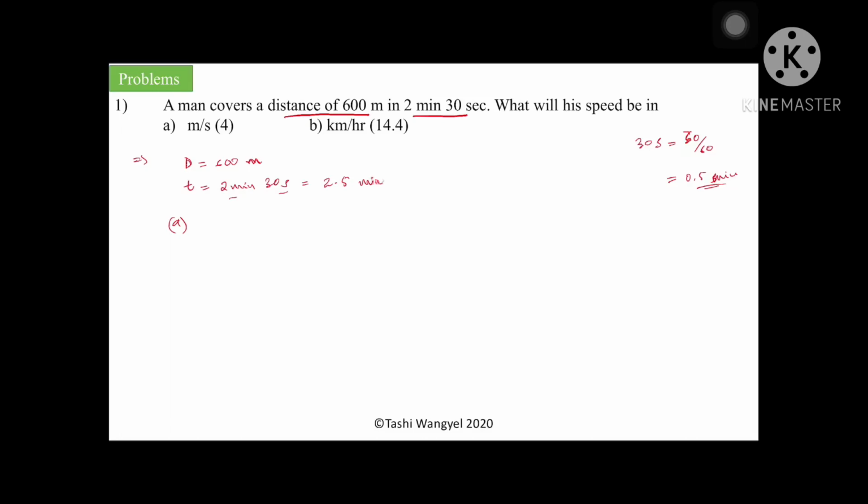A man covers a distance of 600 meters in 2.5 minutes. What will his speed be in meter per second? We know that speed is equal to distance by time.